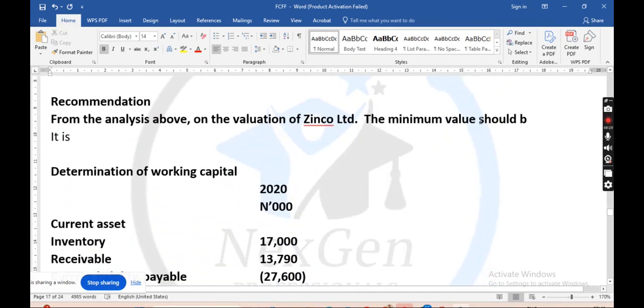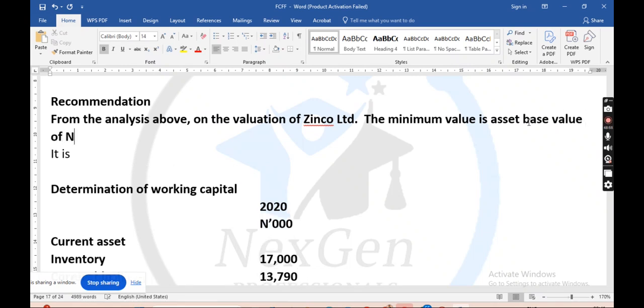You can equally state the minimum value. The minimum value is asset-based value of 76,300,000.